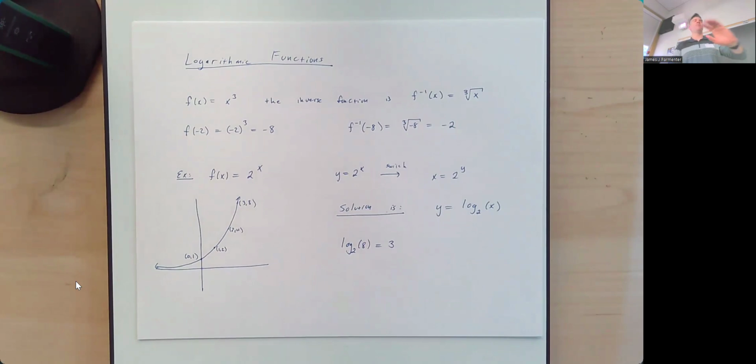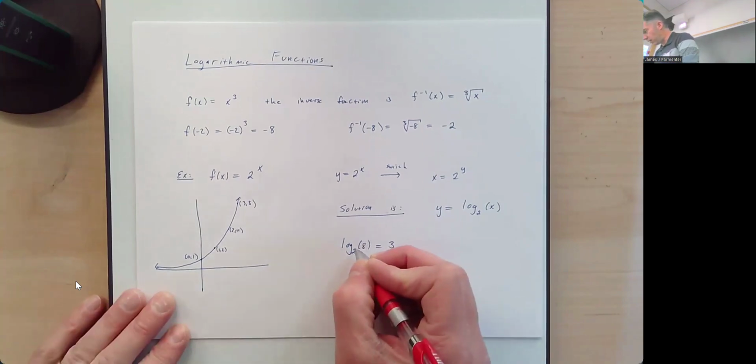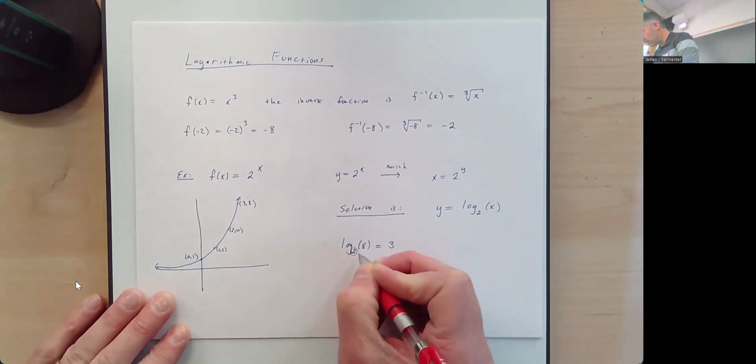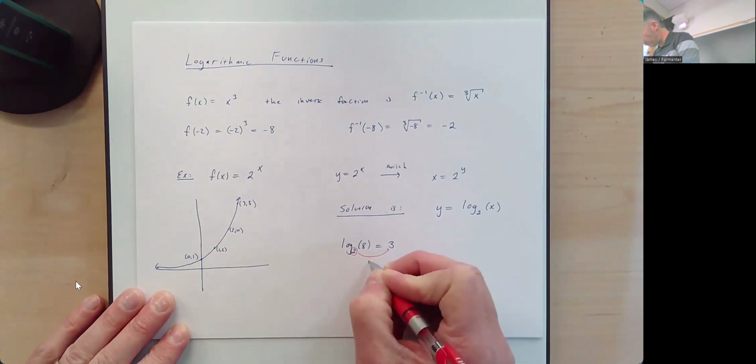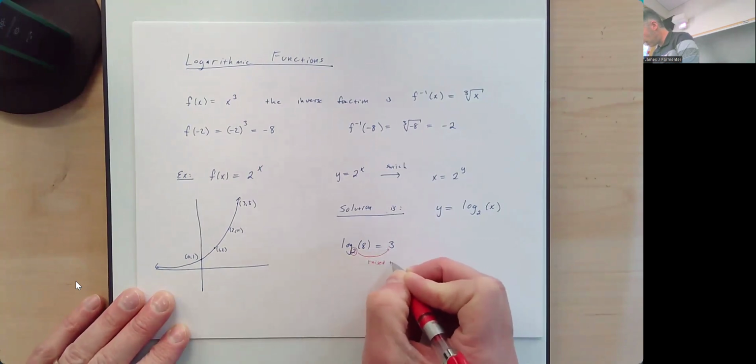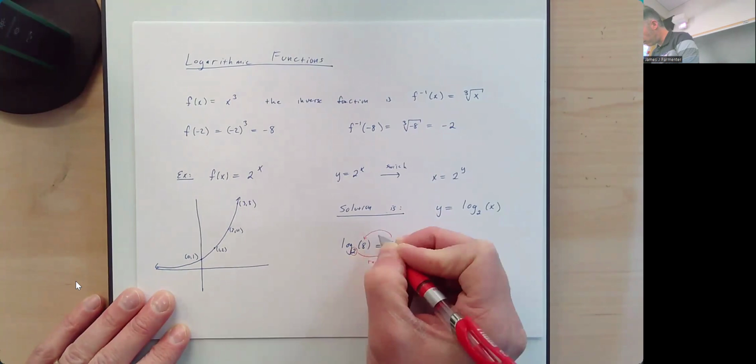Oh, it's 8. Oh, I said the wrong words. 2 raised to what power is equal to 8? The answer is 3. When I look at this, I also kind of say, there's my base. It's raised to that power, and it's equal to that number.